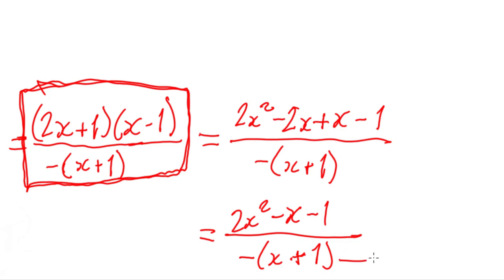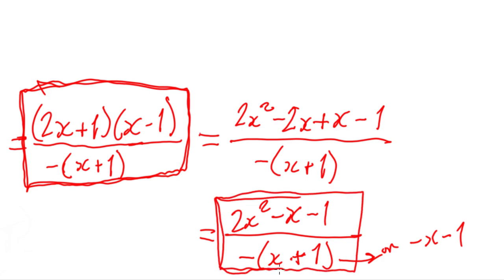This can be rewritten as negative x minus 1, but that's nastier to look at rather than this. So either of the answers will do, only that this one is in a form of a trinomial and this one is in a form of factored binomials. So this is our answer.